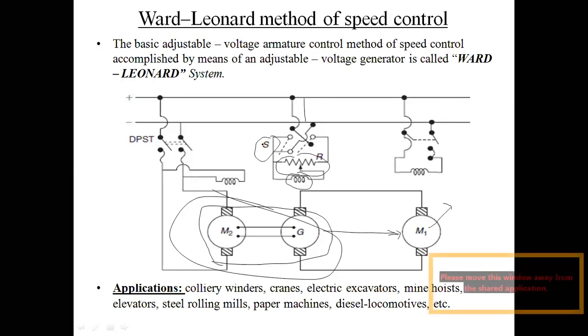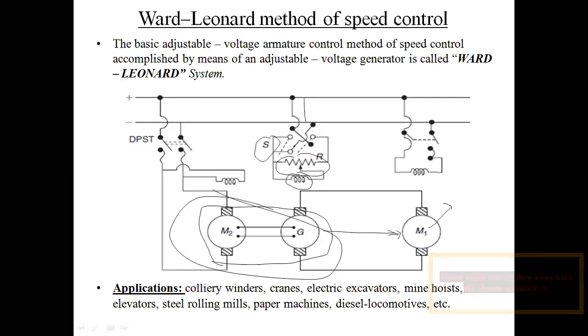Why have we connected this reversible switch? What will happen if we reverse the switch? The main advantage of keeping this reversible switch is that the generator output voltage can be varied from 0 to the maximum value in both directions, just by changing the position of the switch.